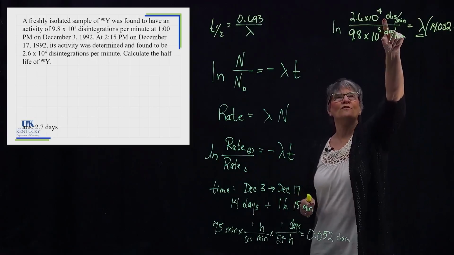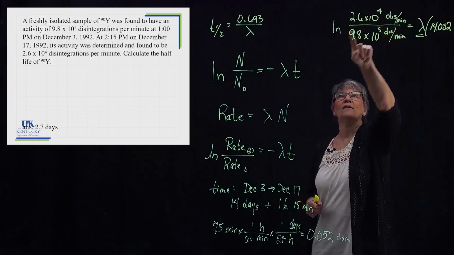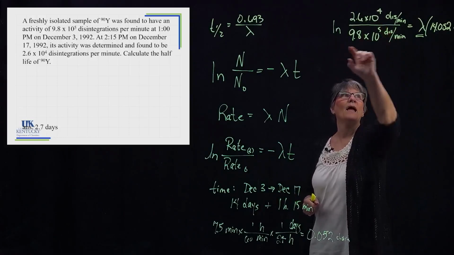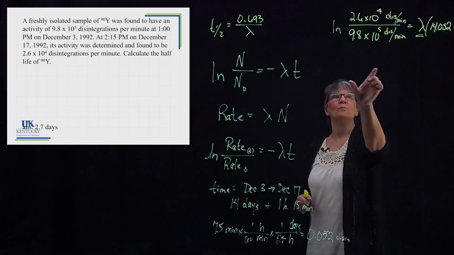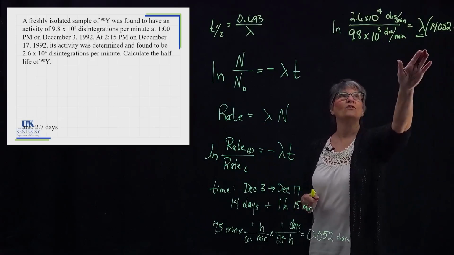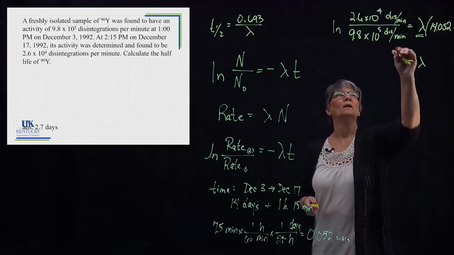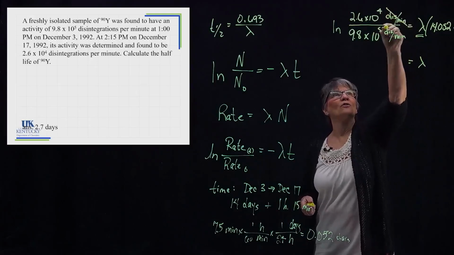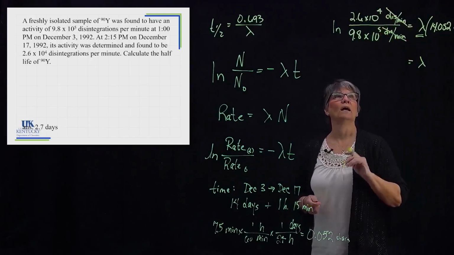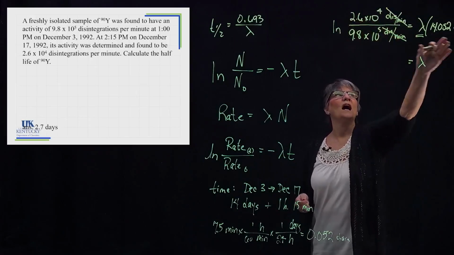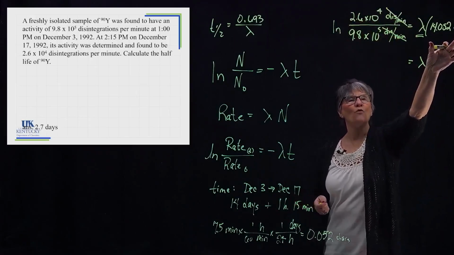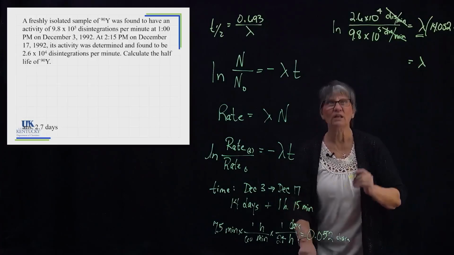I'm going to first divide these two numbers and then take the natural log. And then I'm going to divide by 14.052 days. That is going to leave me with my lambda. Divide, that cancels these units out. That part is unitless.